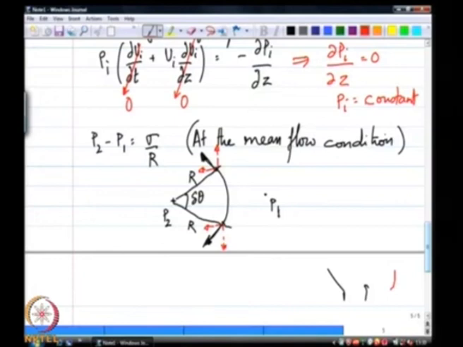What you will find is that this P 2 minus P 1 has to be sufficient to balance the normal component of these forces. The vertical component, as shown in this figure, will cancel out.